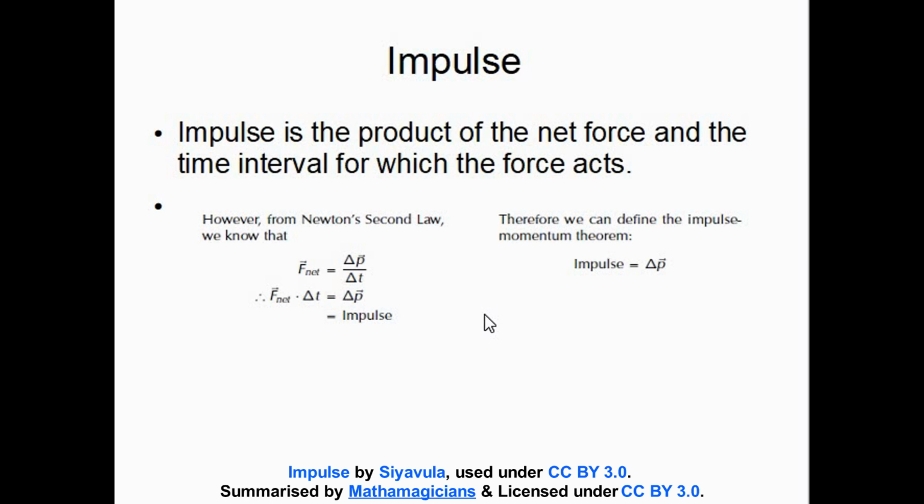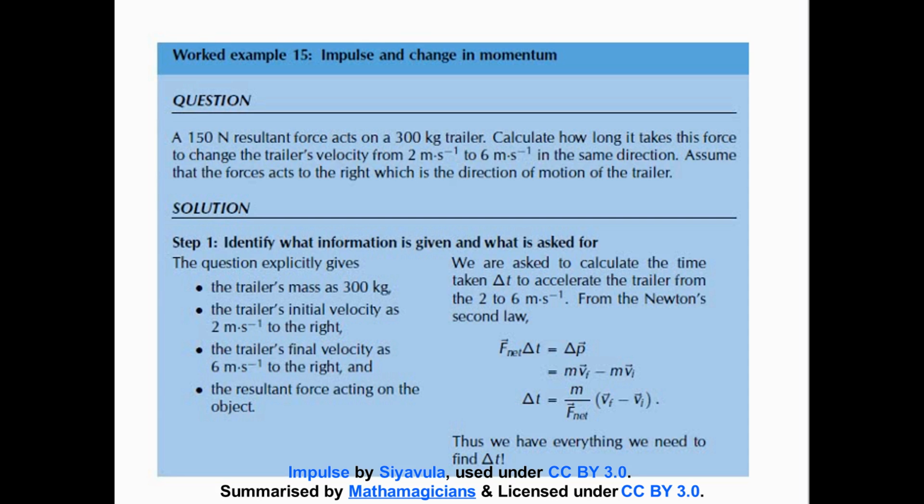Let's have a look through an example of how we can calculate impulse and understand an impulse question. In this video, I'm going to show you how to answer an impulse and change in momentum question, as well as calculating impulse from a graph.